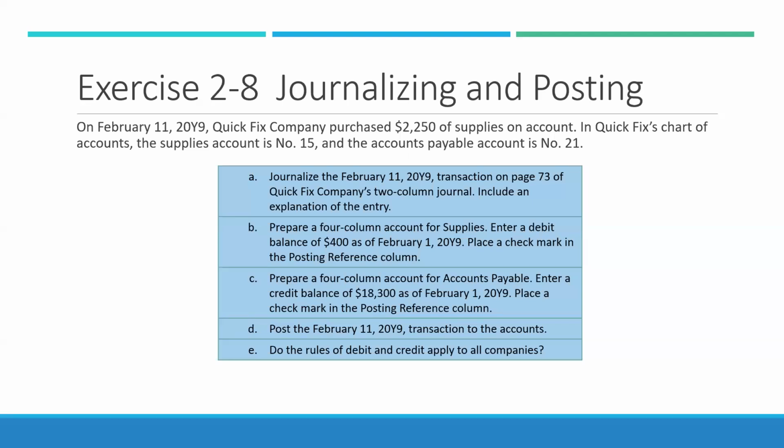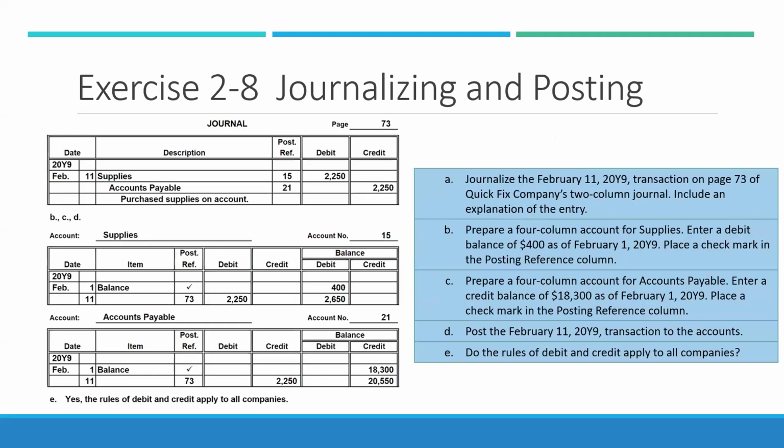Quick Fix Company purchased 2,250 in supplies on account. Journalize the entry, prepare a 4-column account, prepare the accounts payable account, and then post the account. The journal entry is going to be a debit to supplies and a credit to accounts payable.